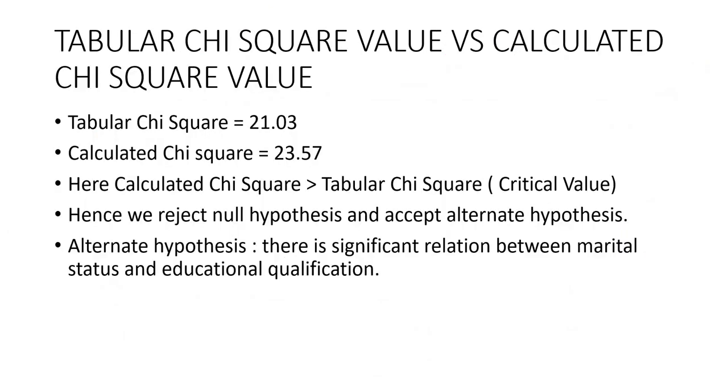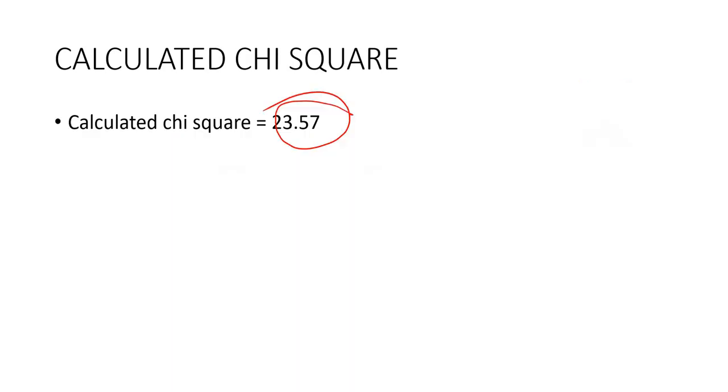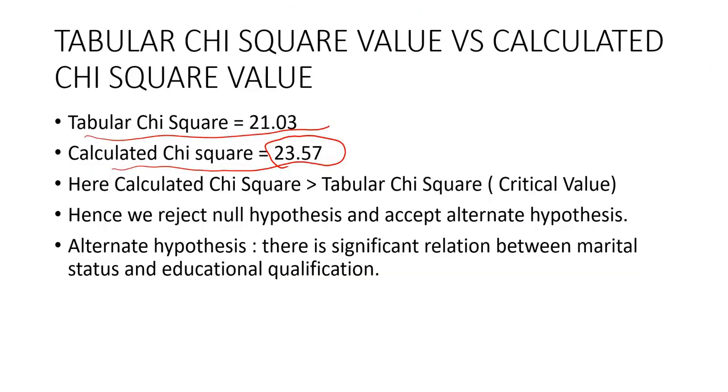So, the tabular value of chi-square versus the calculated value. See, the tabular value of chi-square you got as 21.03, and the calculated chi-square value is 23.57 that we got from our calculations.